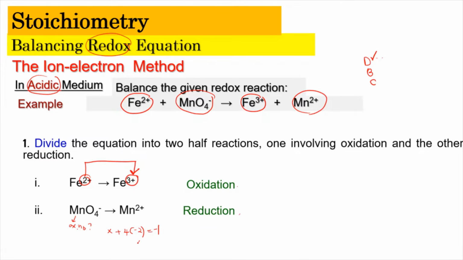Hence, we can say that the charge of X, which is manganese, is +7. And as you can see, from manganese 7+, the oxidation number reduced into 2+. 7 into 2. So you know that it undergoes reduction, and this is how you prove it. So we settle with divide.